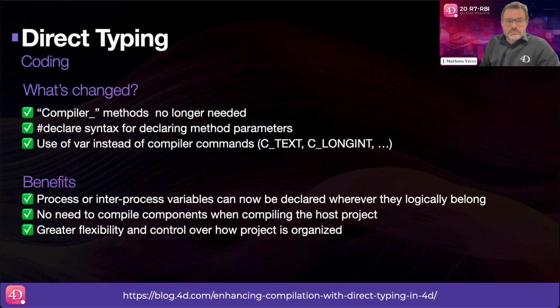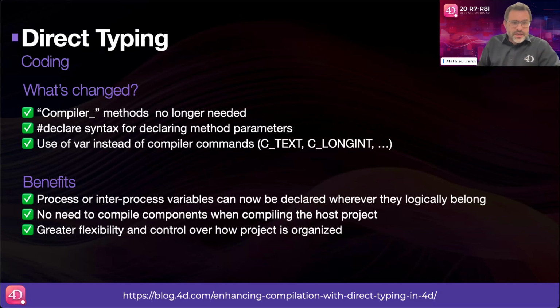What has changed? You no longer need to use compiler methods, of course. The -declare syntax is now mandatory for declaring method parameters, and the compiler commands like C_TEXT or C_LONGINT and others must be replaced by the var keyword.